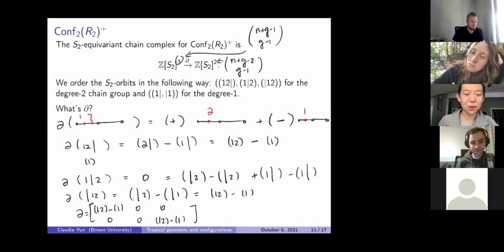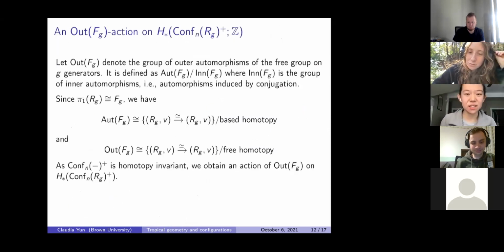Anyways, I think I will maybe stop pushing y'all to understand this, but basically we get such a matrix for every conf and RG plus, and we're putting it in the drawer so we can calculate it later. And I see I'm running low on time, so maybe I won't go as into detail for this part.